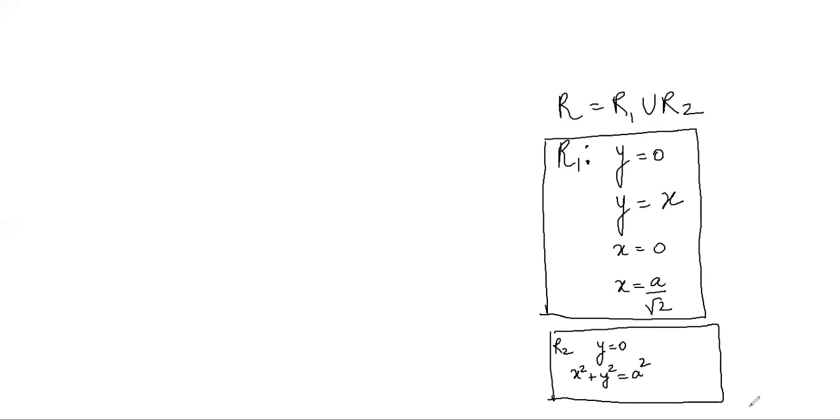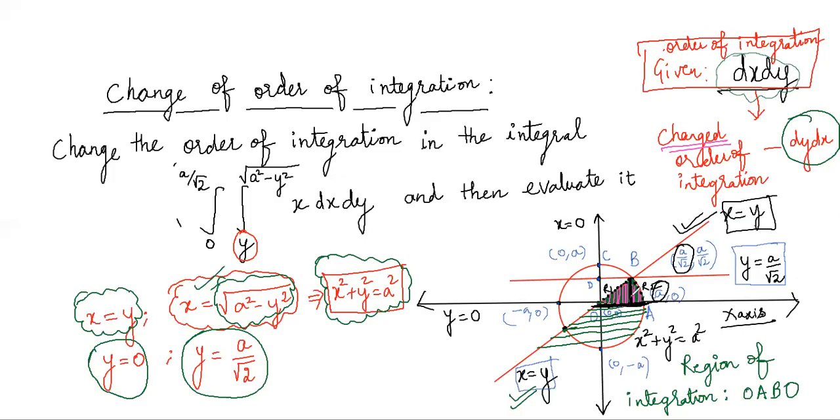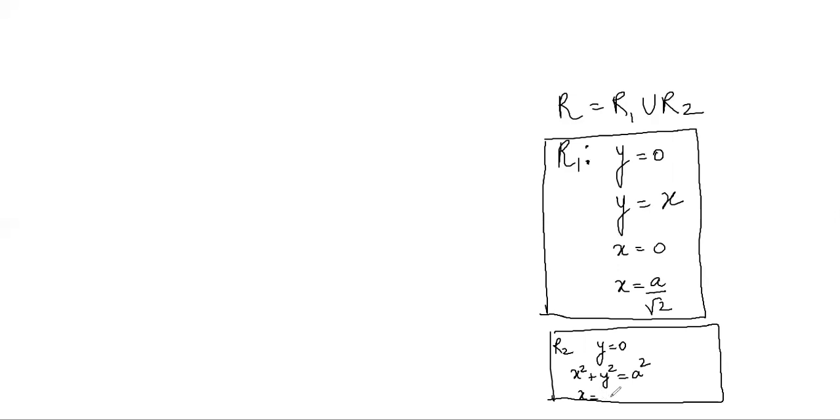In this region, the first strip is AB, where x is a by root 2, and the last strip will be at point A. So x will vary from a by root 2 to a.